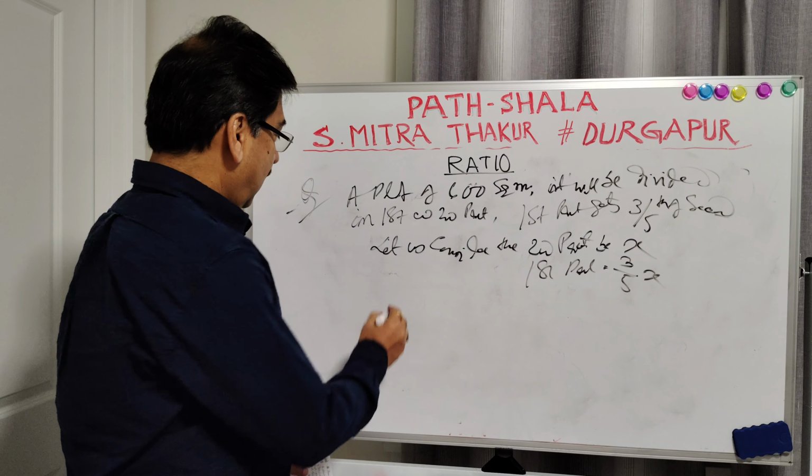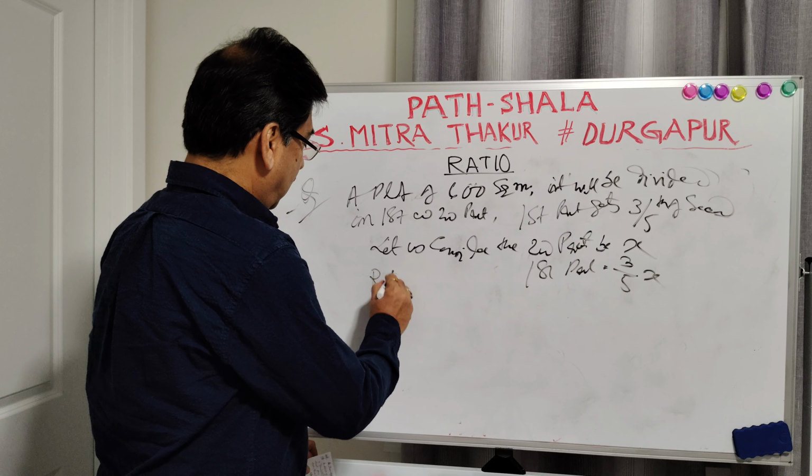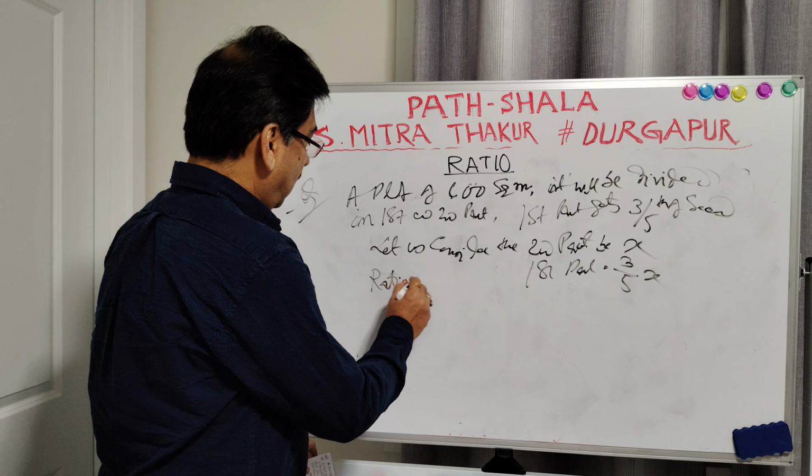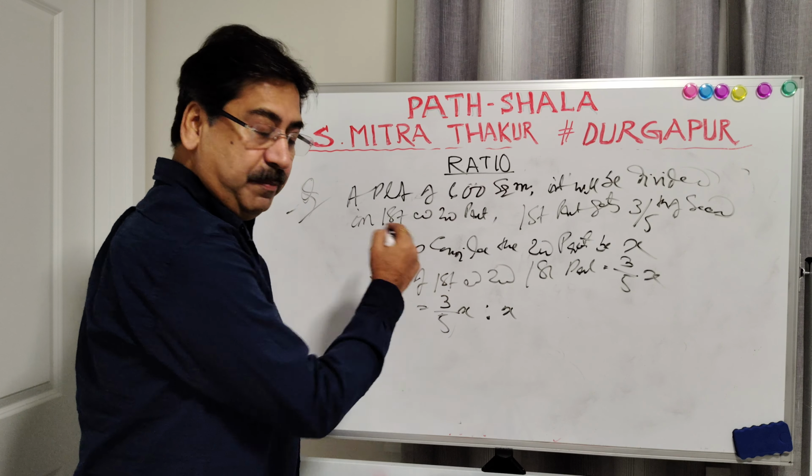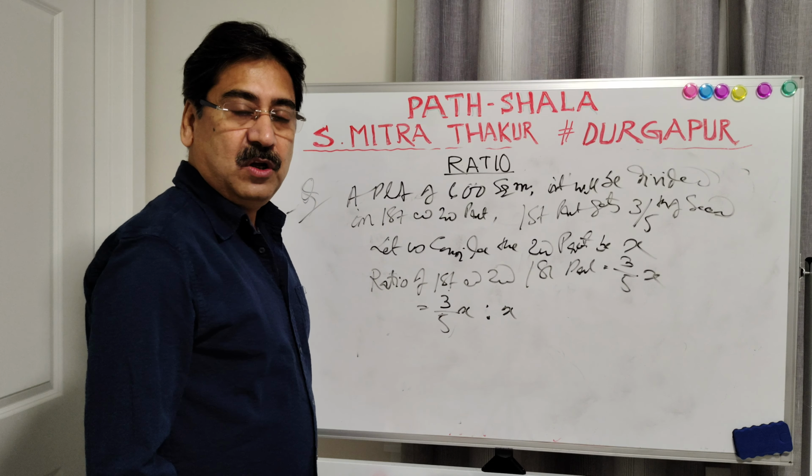So the ratio of first and second will be 3/5 of x to x. So it is in fraction, but from the fraction I will make a whole number.